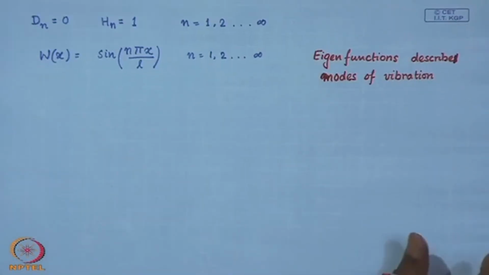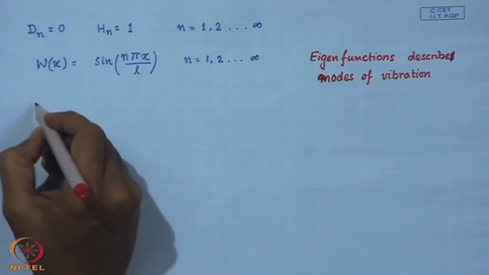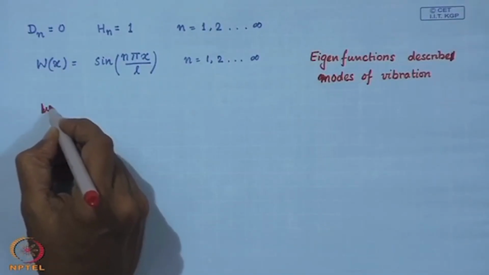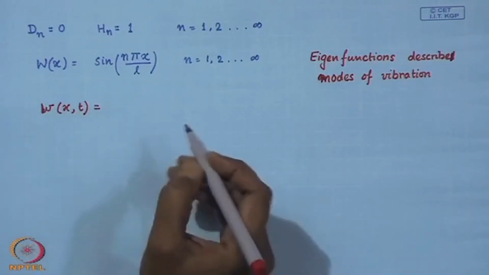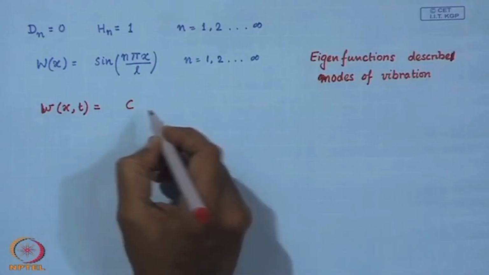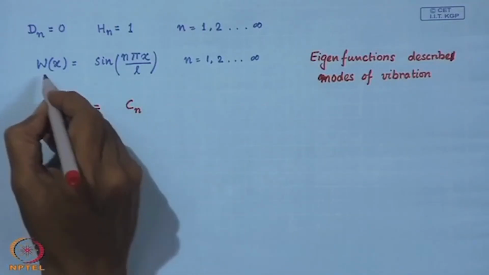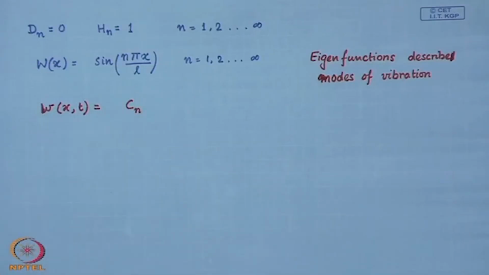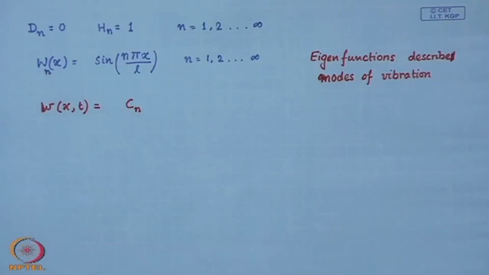So, the total solution now looks like this. So everywhere we have this index n. So, here also I must have this index n.